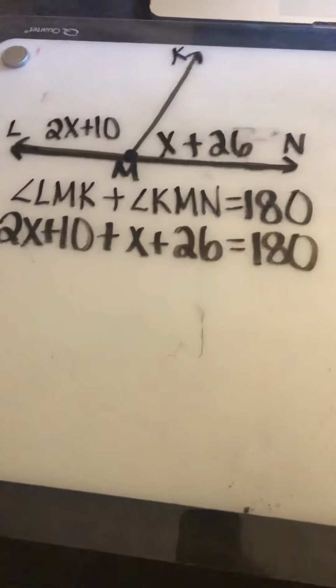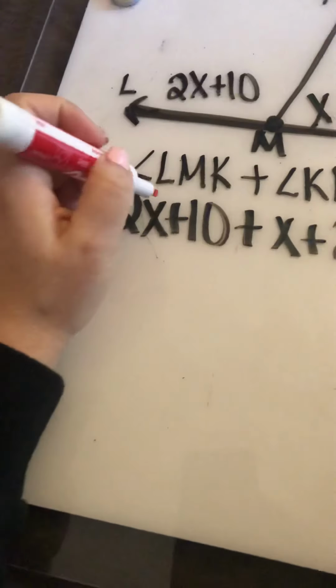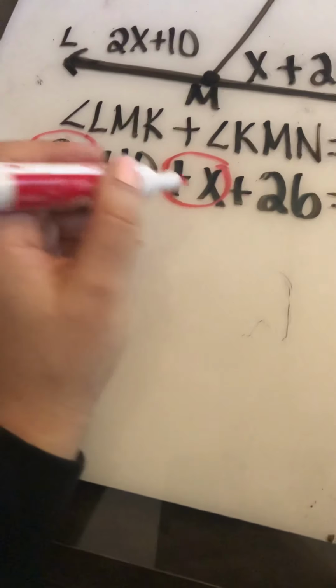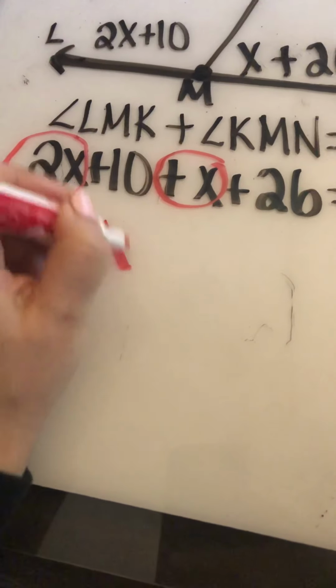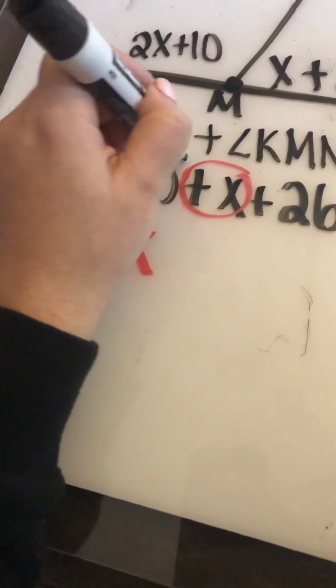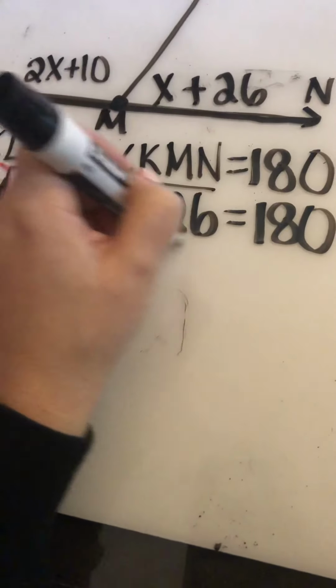Okay, and now same thing we just did. We just have multiple like terms here to put together. So I'm actually going to use a different color marker just so that you can see. So we have 2x, right, can be combined with x. So 2x plus x is 3x. And then you have your positive 10, right, plus 26.